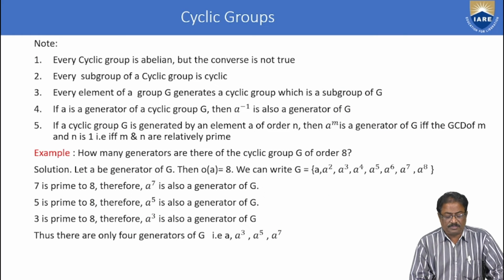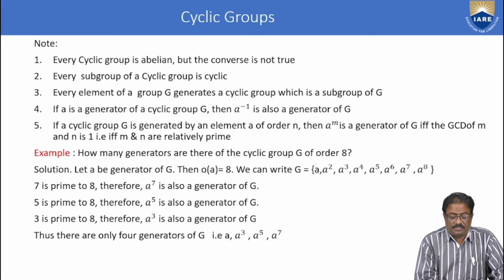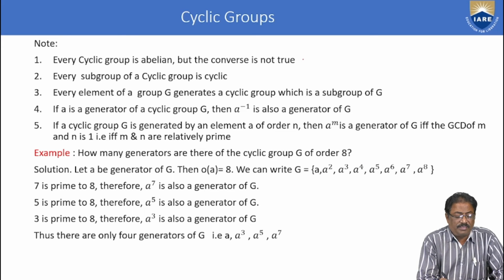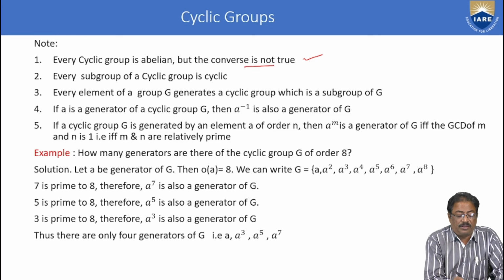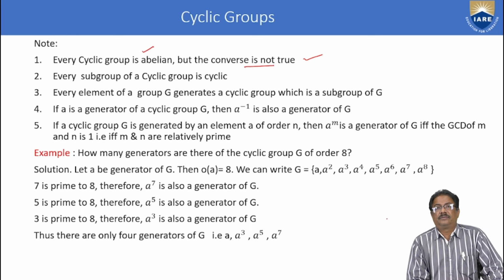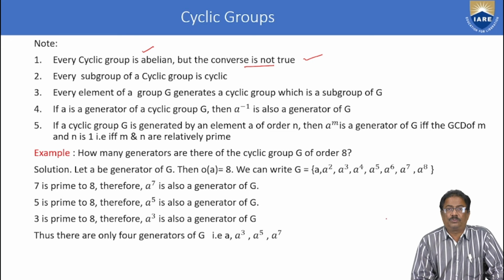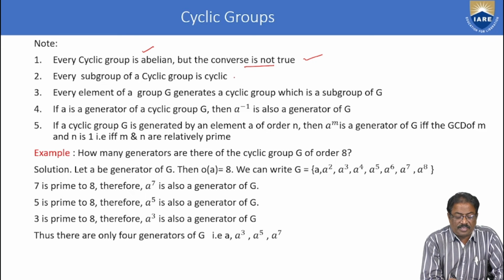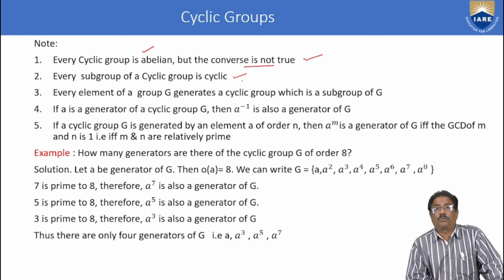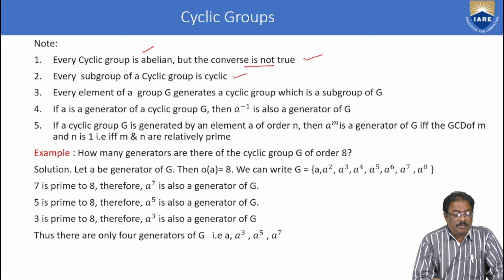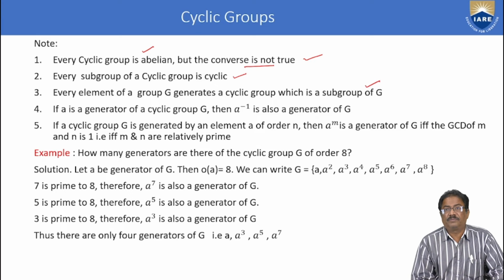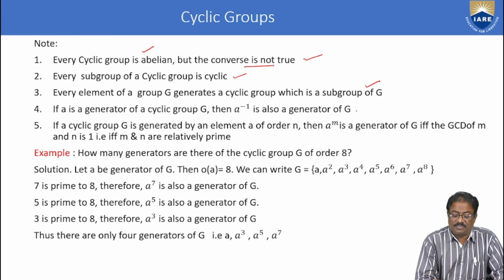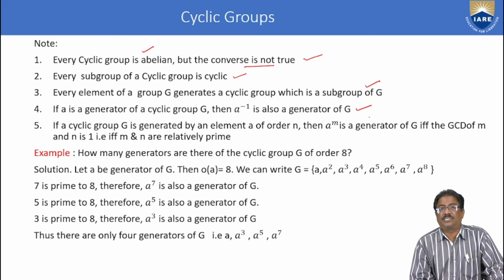Now, some concepts based on this. Every cyclic group is an abelian group, but the converse is not true. Every subgroup of a cyclic group is cyclic. Every element of a group generates a cyclic group which is a subgroup of G. If a is a generator, then a inverse is also a generator.